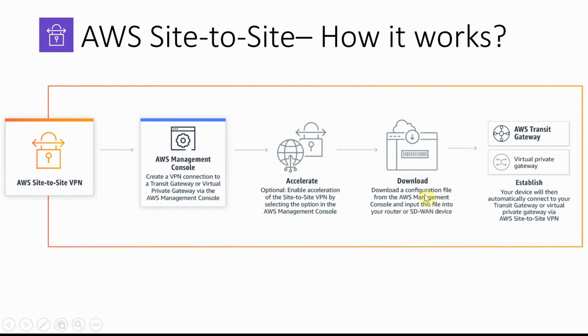That way, you're giving the connection details to your on-premise router, and then you establish the connection. The customer-side device will then automatically connect to your transit gateway or VPN gateway via site-to-site VPN. So the concept is the same: you do the basic steps, download the file, configure it on your on-premise site, and you are good. That's all.